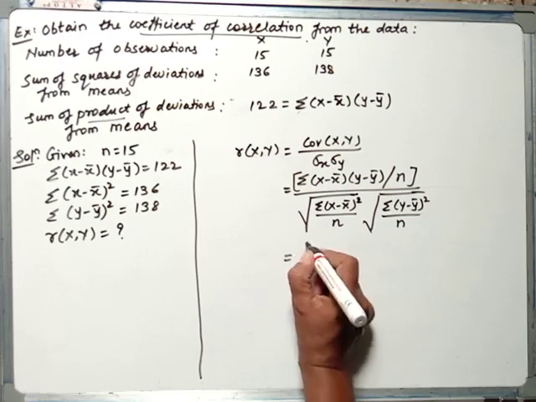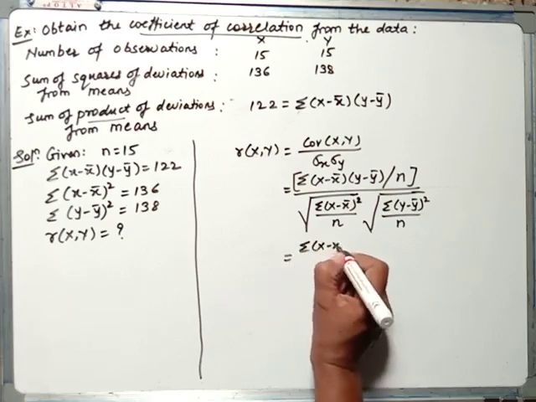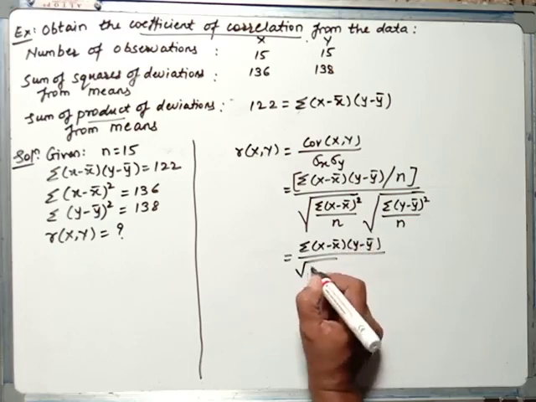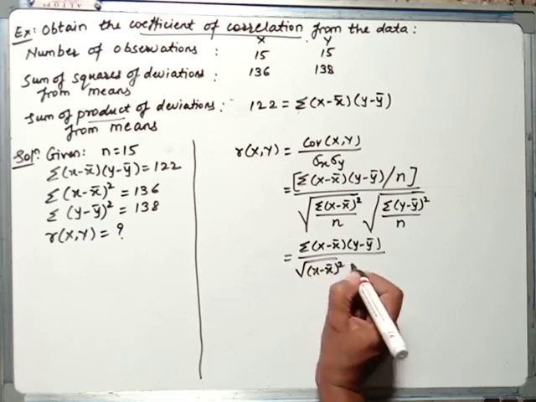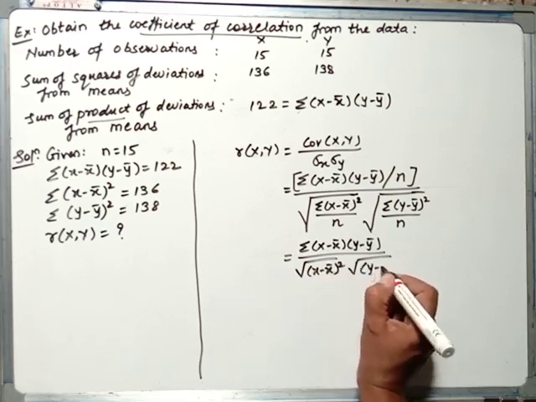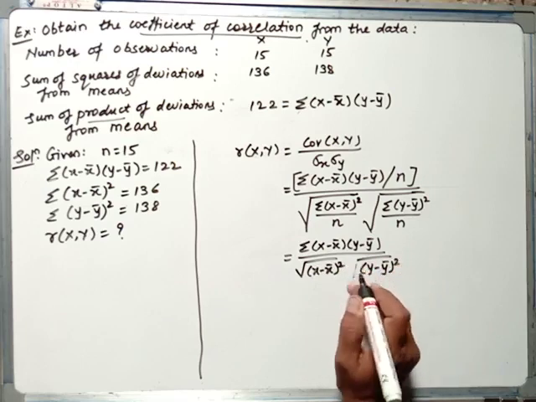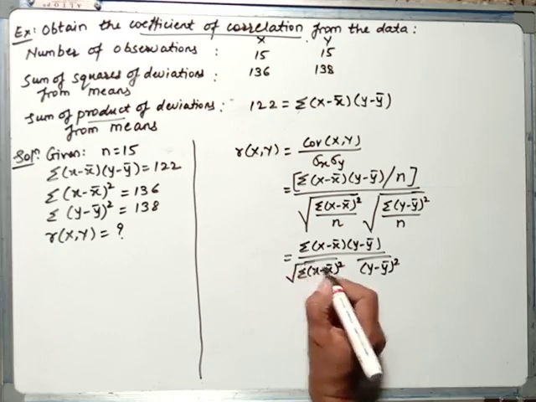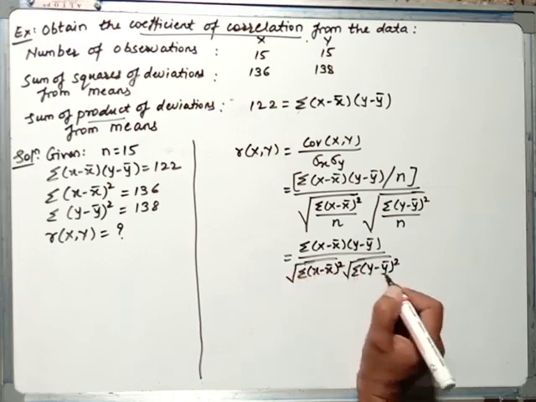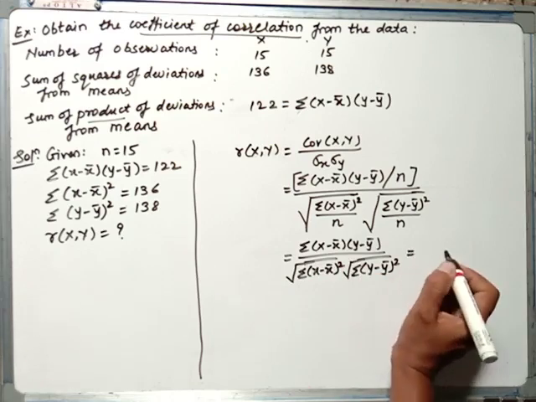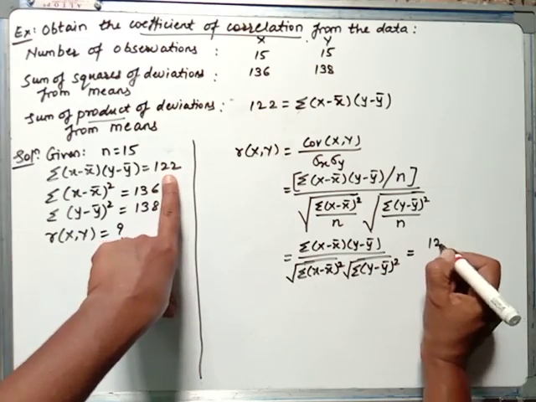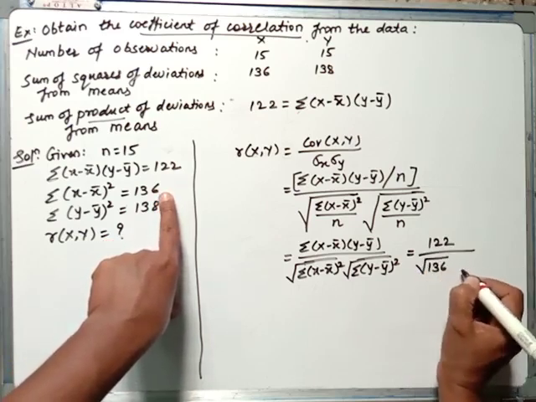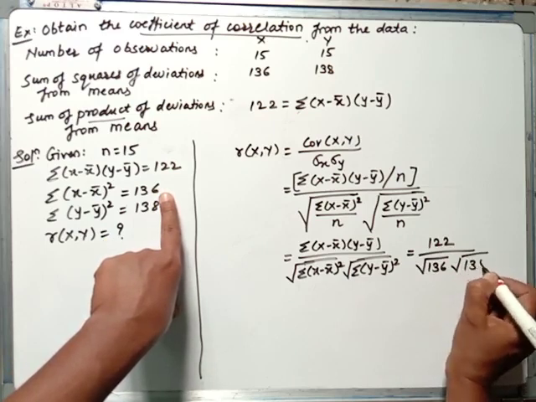So this will be what? Summation x minus x bar, y minus y bar, upon square root of summation x minus x bar square into summation y minus y bar square. Sorry, here also summation is required. Fine. So now these values are with us. So this is 122 upon square root 136, square root 138.